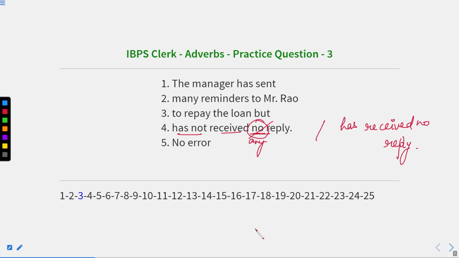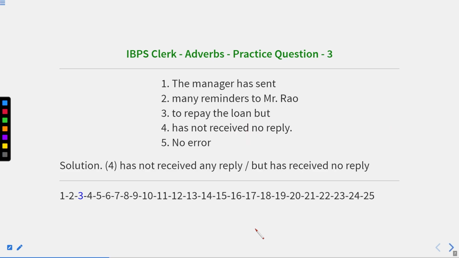We cannot write two negative words together. So the solution is has not received any reply, or has received no reply. So 4 is the correct answer because this part contains the error.